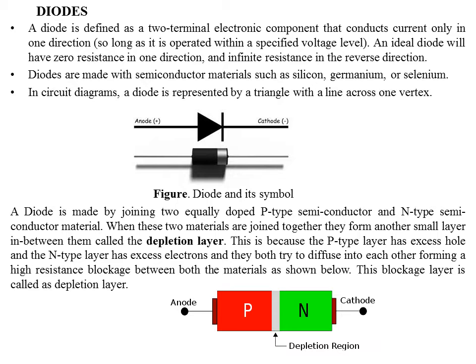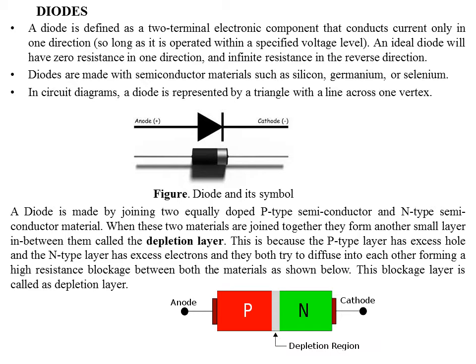Since the current flows from anode to cathode, this mode of conducting is called forward bias. The minimum voltage required to make the diode conduct is called the forward breakdown voltage.